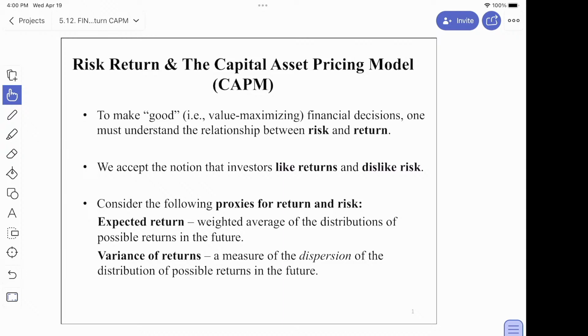Riskier asset classes have a higher standard deviation, but they also have a higher rate of return, a general pattern that we see. And we want to exploit that pattern to help us estimate the required rate of return for particular firms. That's what we want to do.